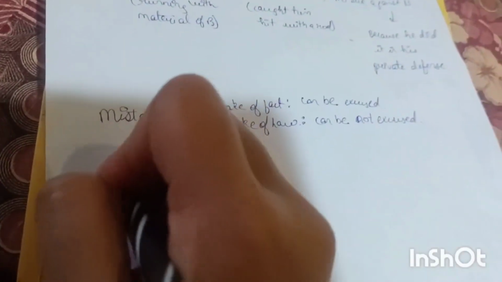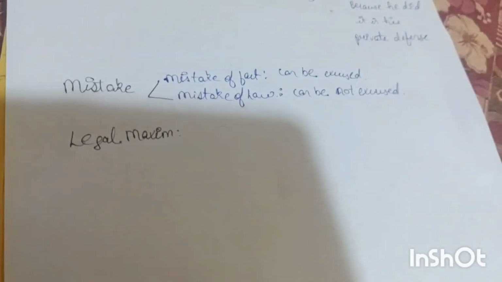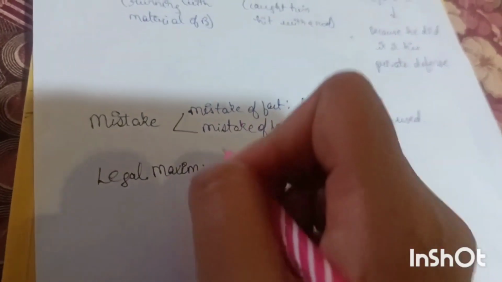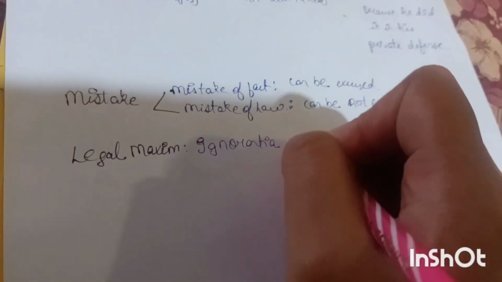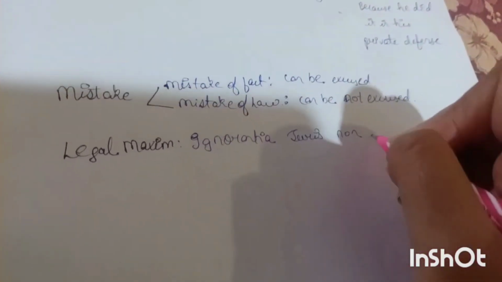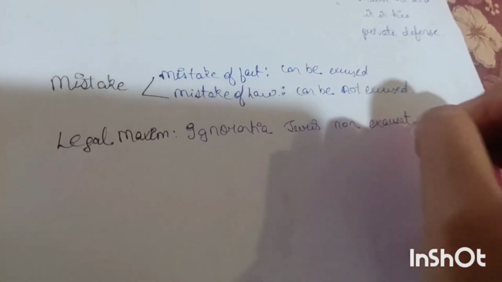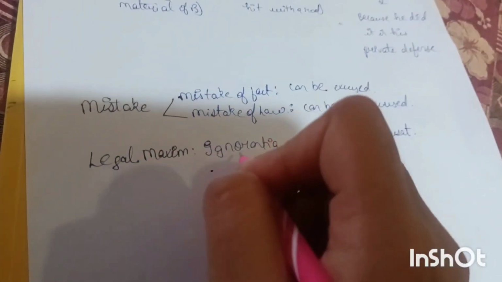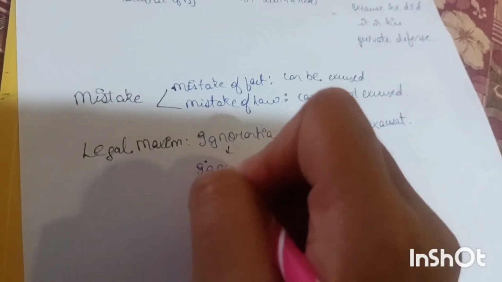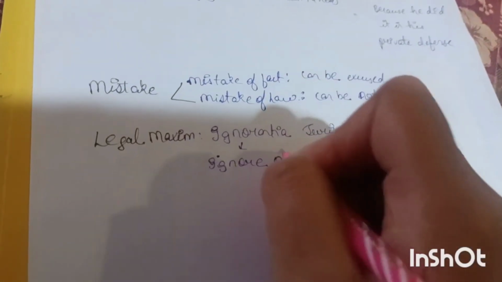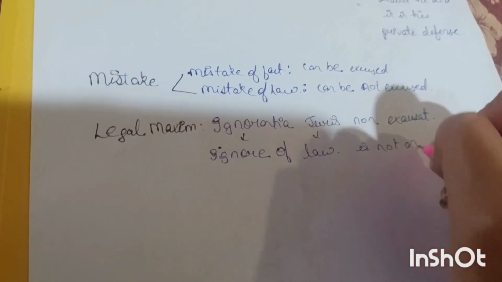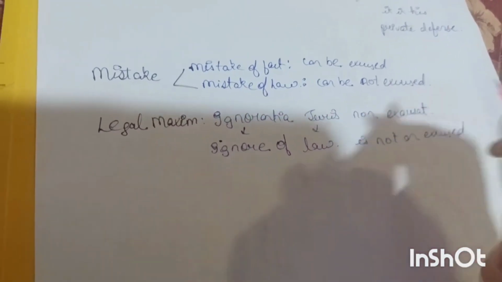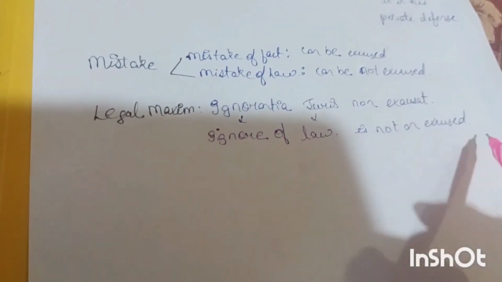There is one legal maxim in this: ignorantia juris non excusat. It means ignorance of law is not an excuse. So mistake of law cannot be excused.